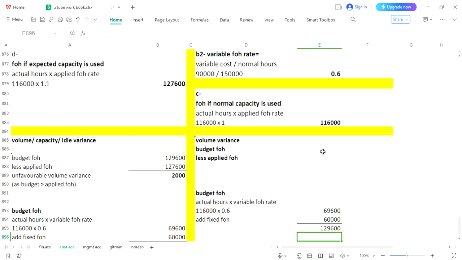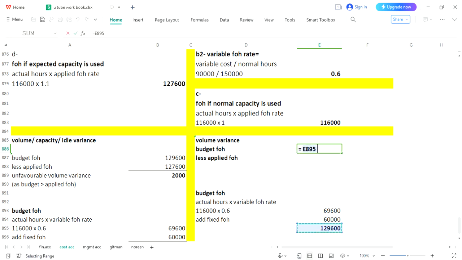Now volume variance would be calculated over here. Second, applied FH was calculated above. We will write it later on. Right now we are focusing upon budget FH, which was calculated over here.